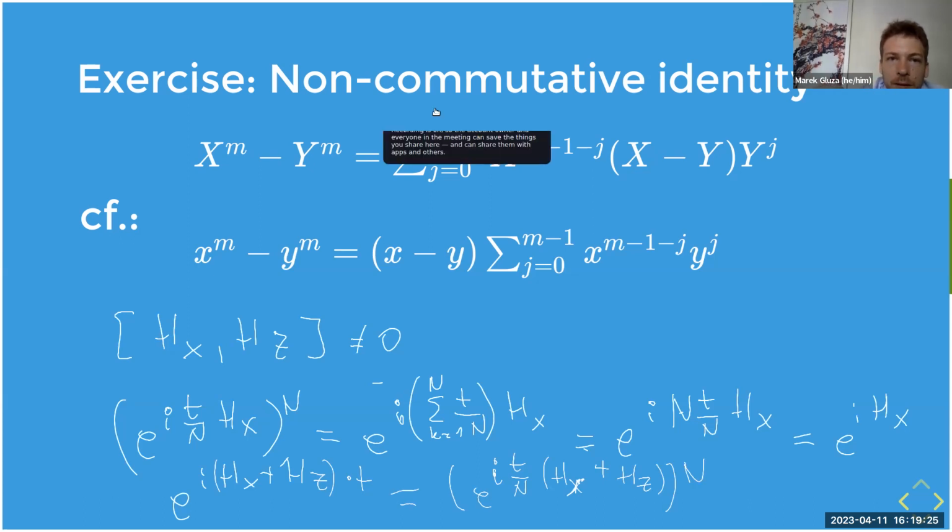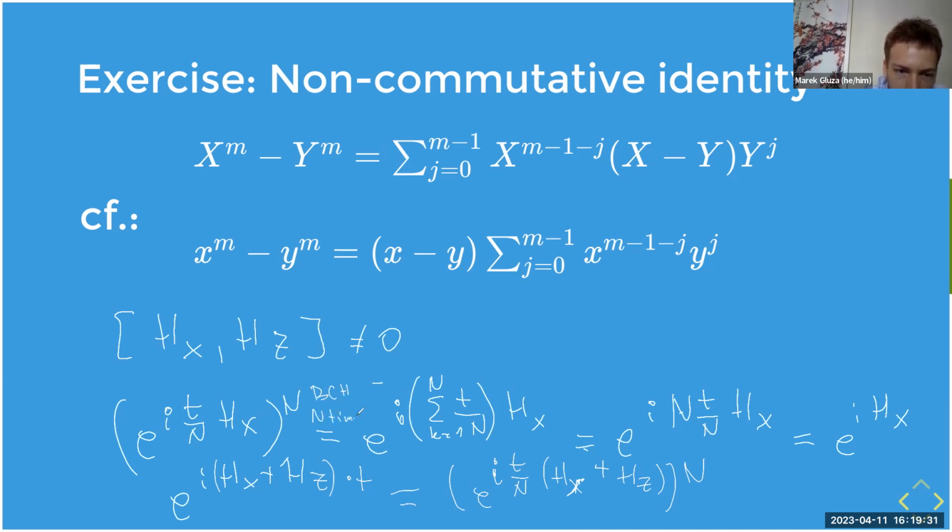In this case, I used BCH n times, saying that the products appearing here are all equal operators, so I can use BCH.